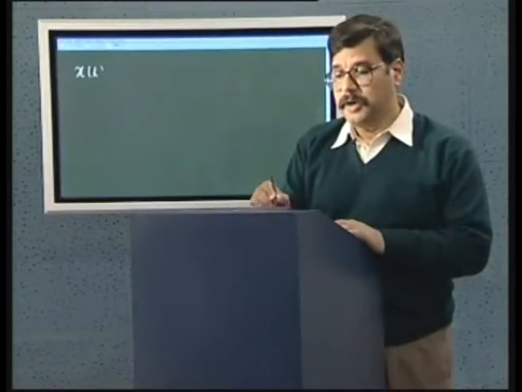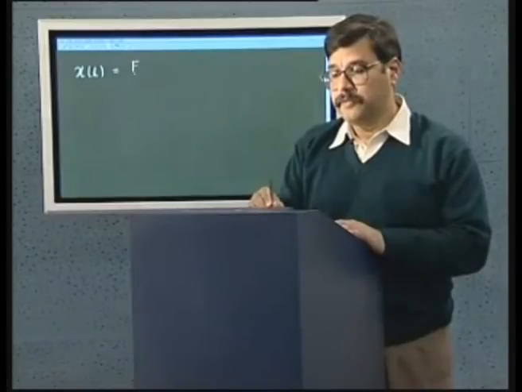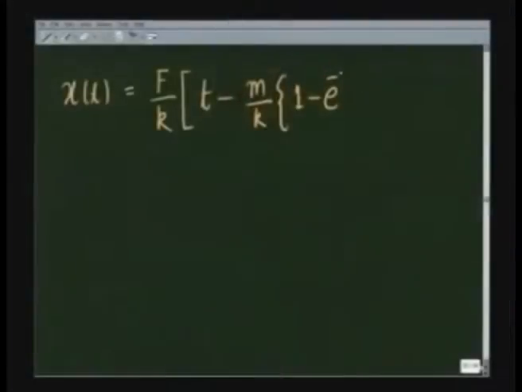So I have x t equals F over K t minus m over K, 1 minus e raised to minus K over m t. So first question I ask is, what happens if K goes to 0? Remember, I said earlier you have to be careful in taking limits.